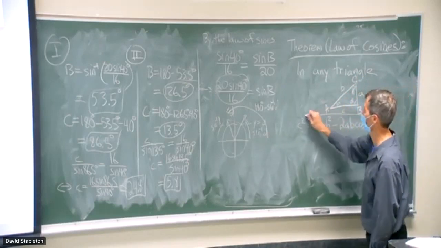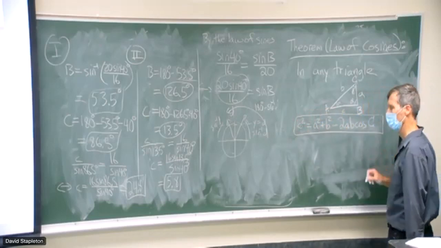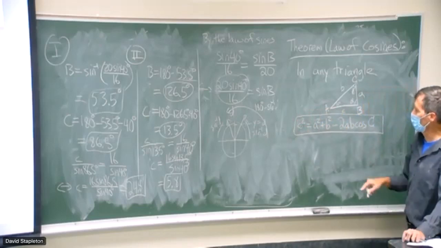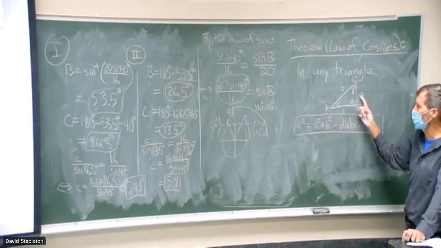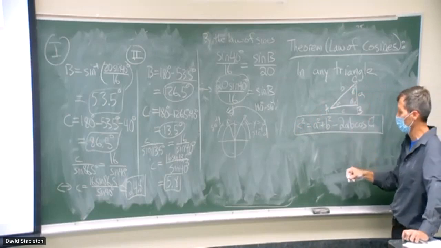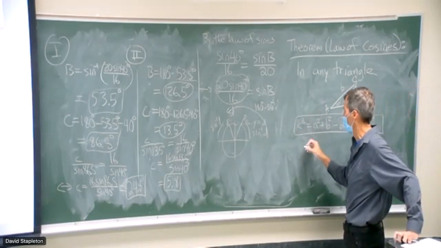So this is a longer one, harder to remember in some sense. You can label these any way you want, right? So once you know this one, you can just relabel it and get the other two laws of cosines. This one has three laws also.